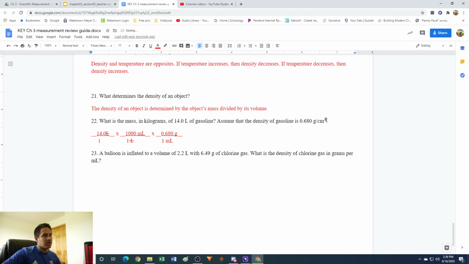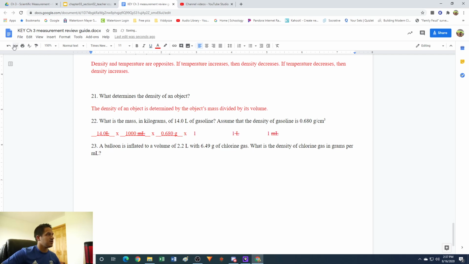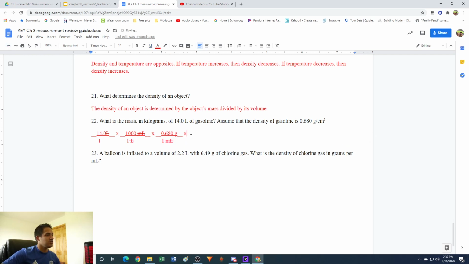Okay, now again, I'm not writing cubic centimeter because a milliliter and a cubic centimeter is the same. So this density given here, I'm writing it like this, 0.680 grams over 1 milliliter, because I want the units of milliliters on the bottom of our fraction for our density to cancel with the milliliters that we have in the previous part. So that will get us into grams.